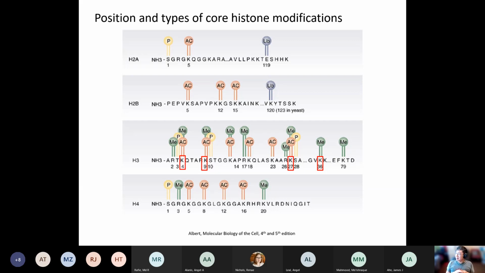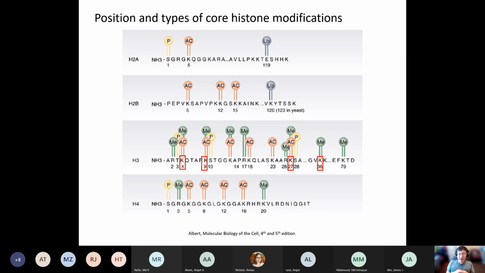And again, as you can see, phosphorylation and acetylation carry a negative charge, because either phosphoryl or acetyl will be negatively charged. And these modifications often happen on lysines. If you observe, you see that a lot of those modifications are on lysines.